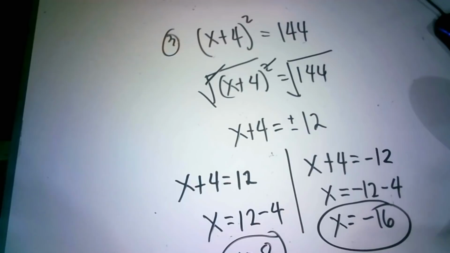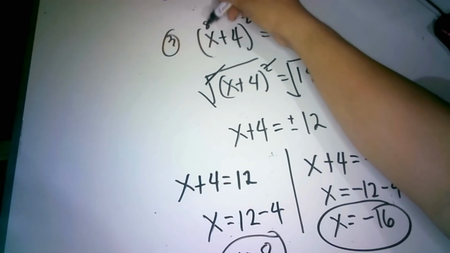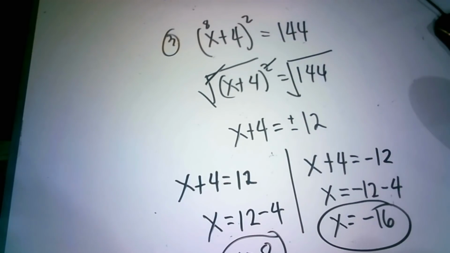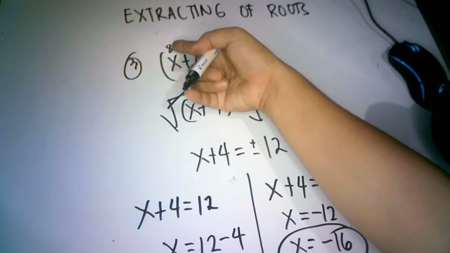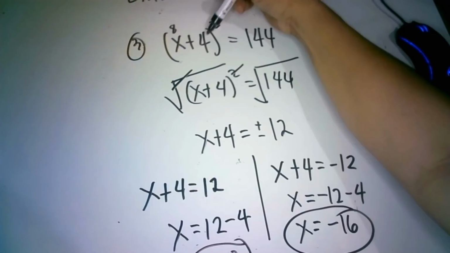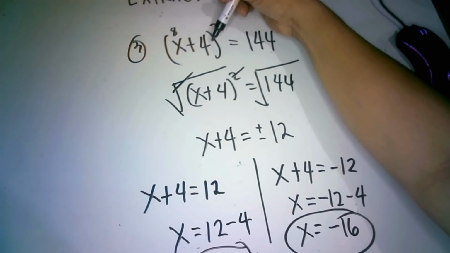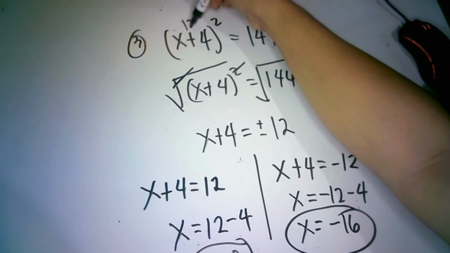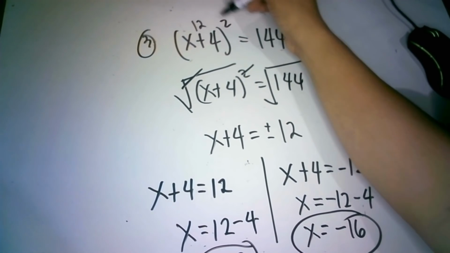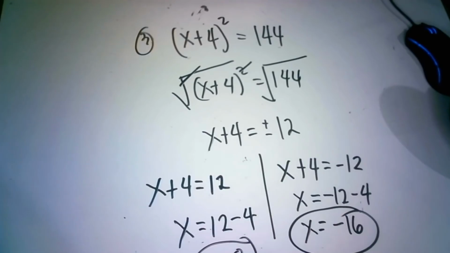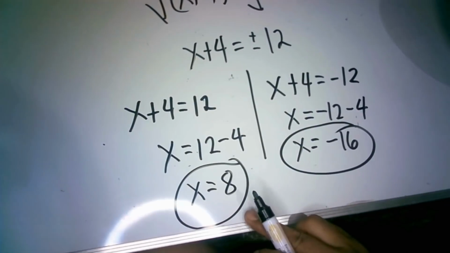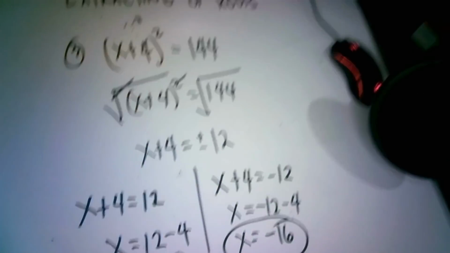What is 12 squared? 144. So 8 is correct. Gets?